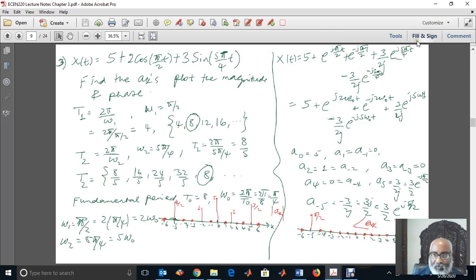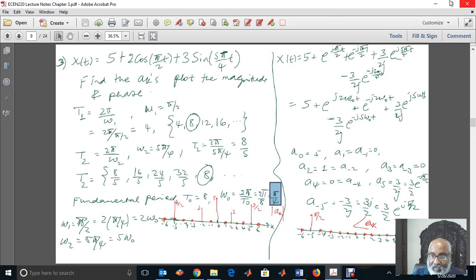That's why we found omega naught first. Omega naught is pi over 4. So if you compare with pi over 2, it will become 2 times omega naught. And minus pi over 2, minus 2 times omega naught. 5 pi over 4, 5 omega naught.